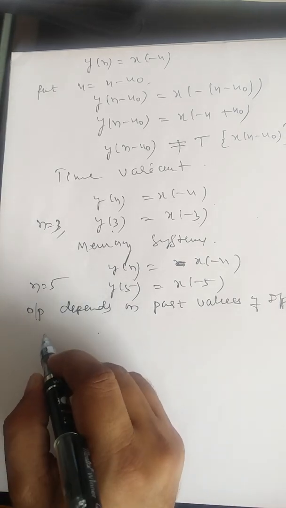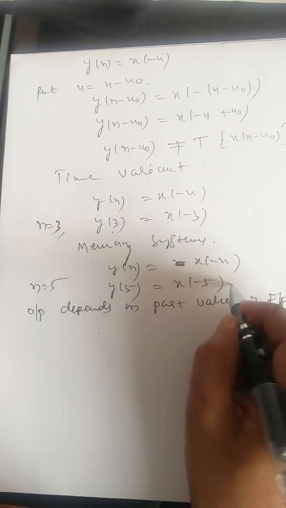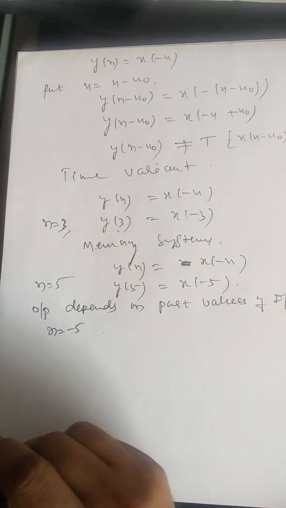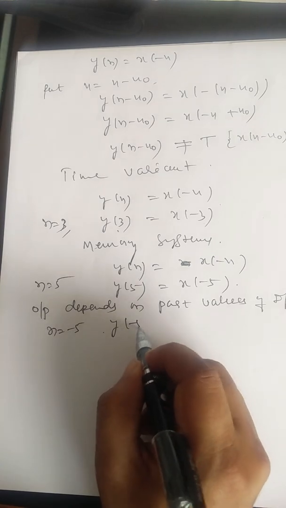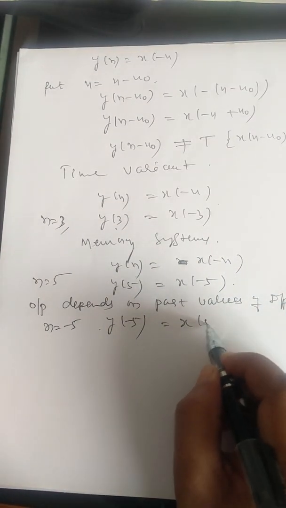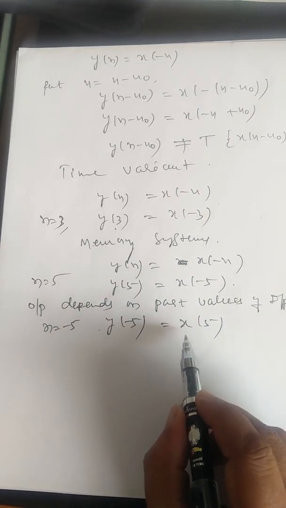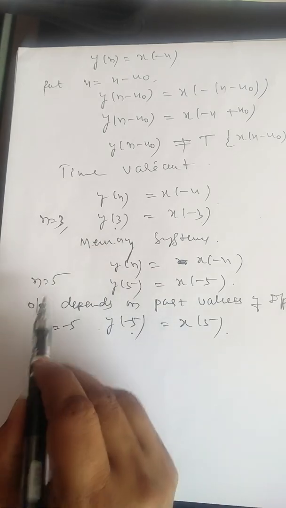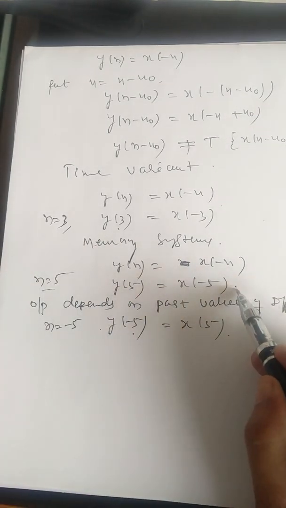And you can check for the negative values. Suppose we take n is equal to minus 5. In this case, y of minus 5 is equal to x of plus 5. When n is minus 5, it depends upon the future values of the input. When n is plus 5, it depends upon the past values of the input.